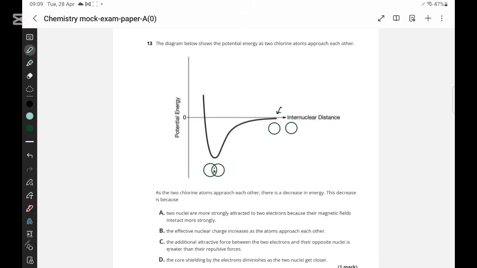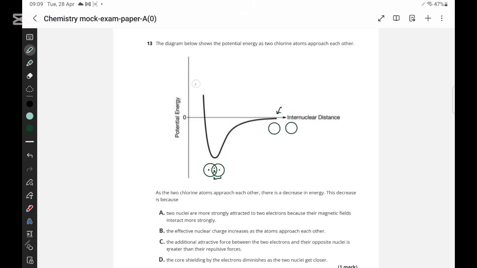And why the optimum distance? Because here we have two forces. One force is the attraction between nucleus and shared pair of electrons, and the other force is the repulsive force. When these nuclei come even more close together, the repulsive force starts to occur.